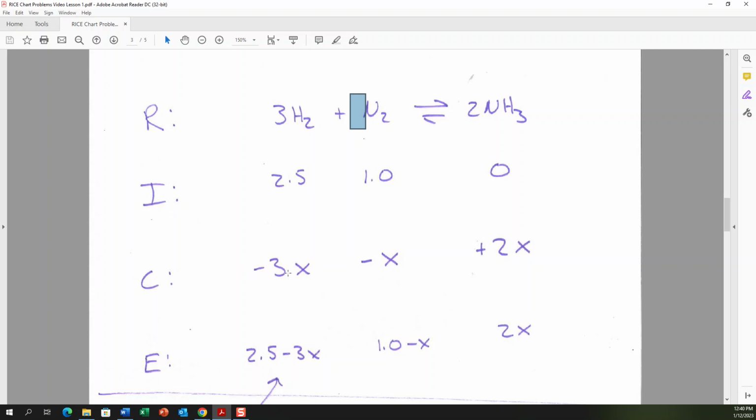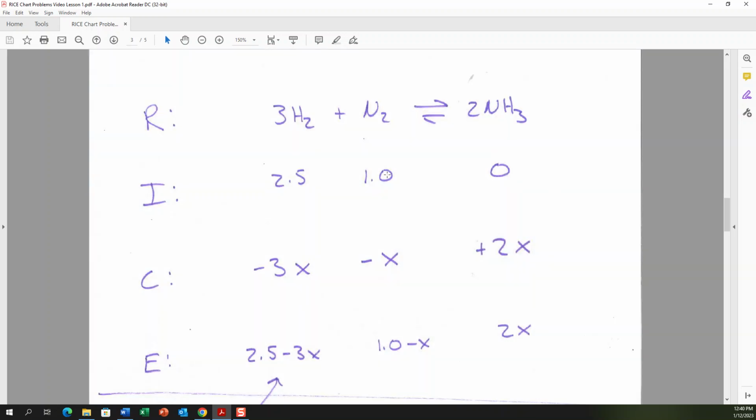So minus 3X for the hydrogen, minus X, 1X, for the nitrogen because its coefficient is 1. And then again, think about it. For every 3 of these that I lose, I gain 2 of these. So we're going to say plus 2X for the ammonia. Okay, so that's going to be my change.